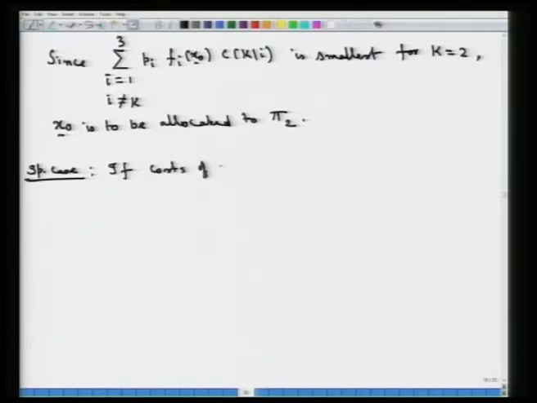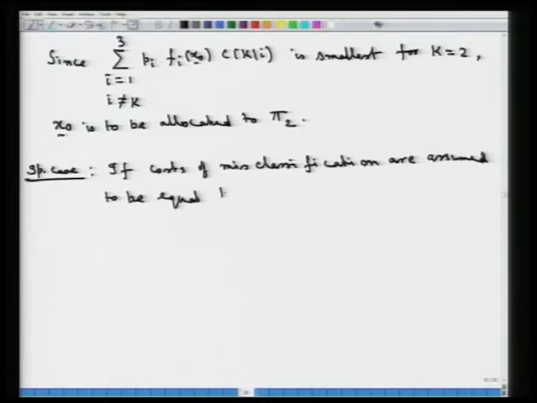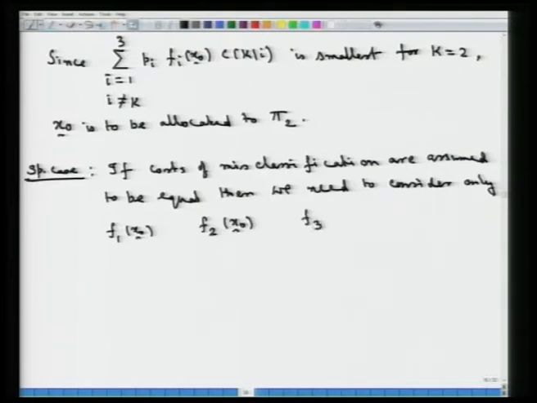If costs of misclassification are assumed to be equal, then we need to just consider only the quantities F1 x naught, F2 x naught, F3 x naught, and the corresponding prior probabilities, that is P1, P2 and P3.